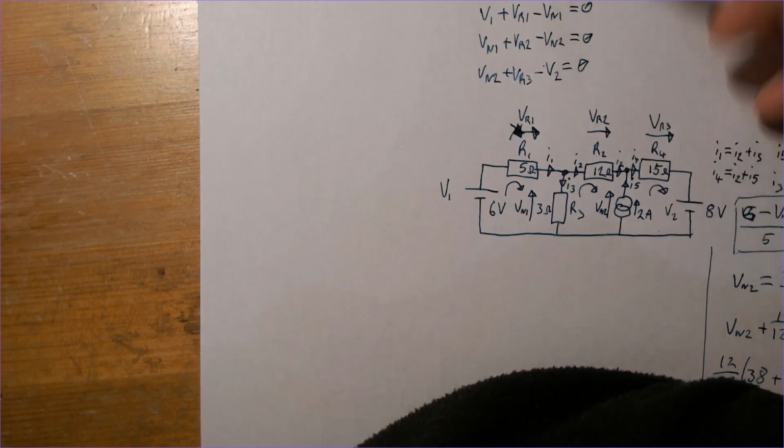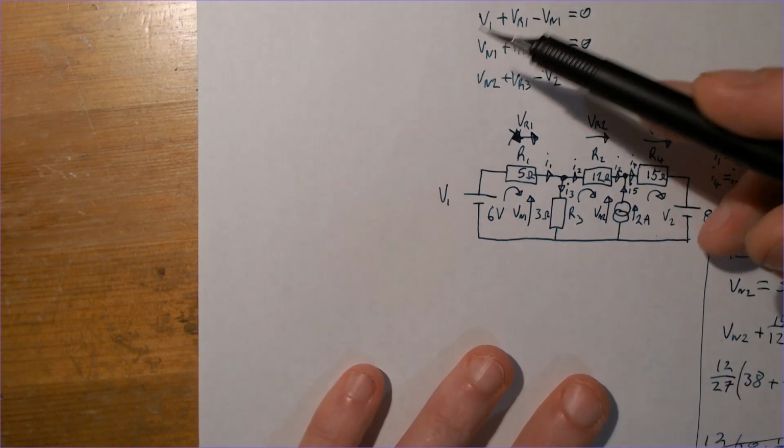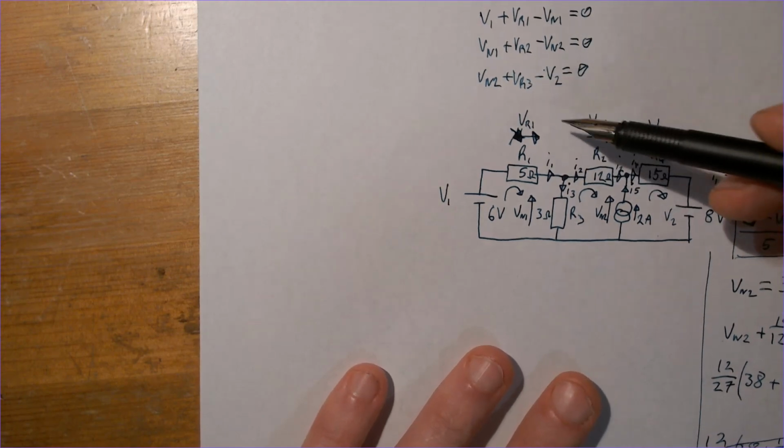Put the numbers in later. The two numbers we know, V1 and V2.